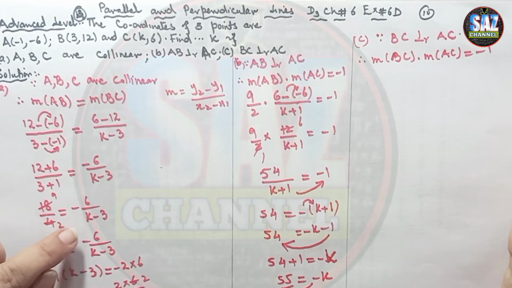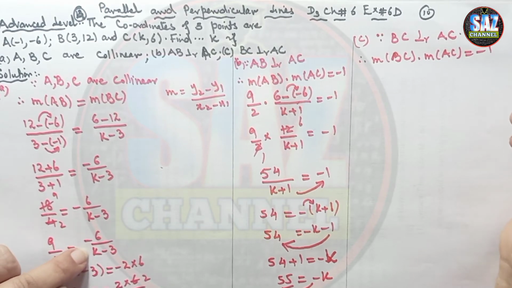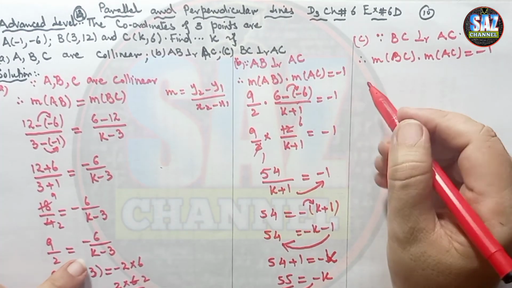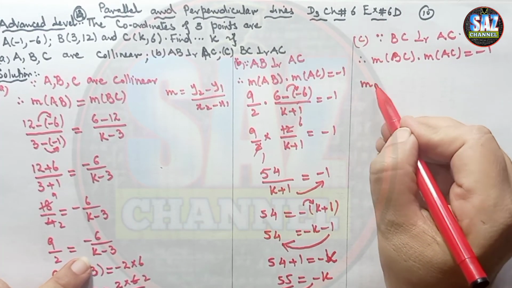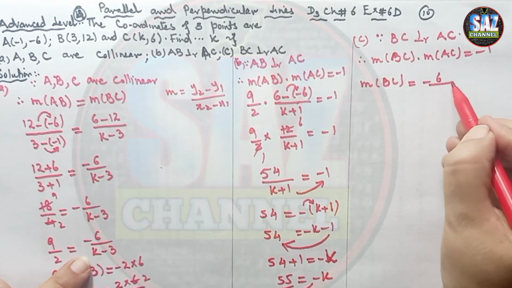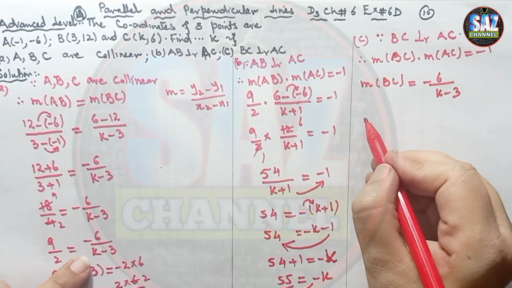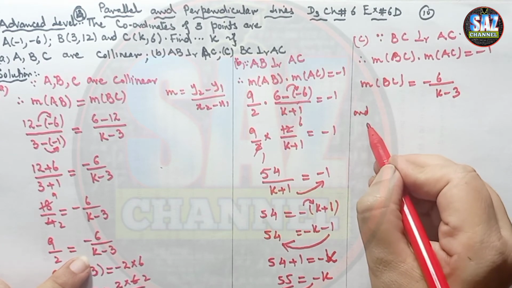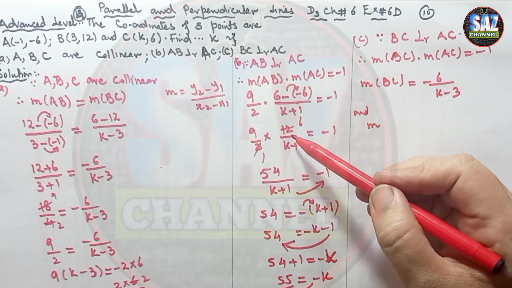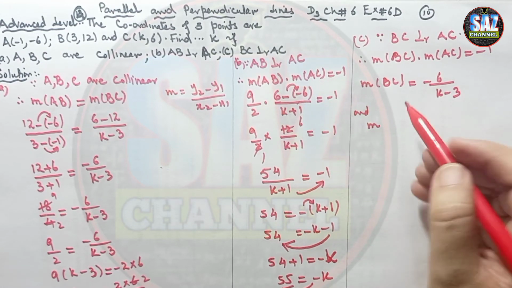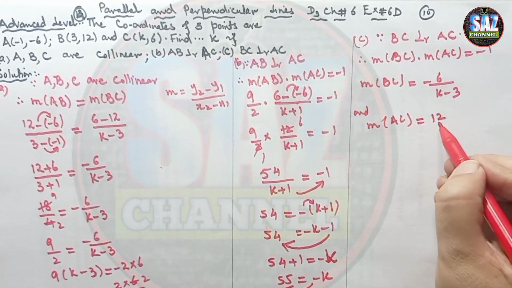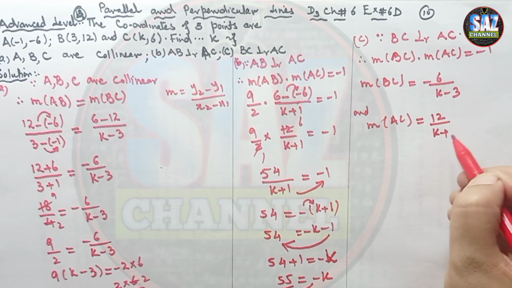Now gradient BC is minus 6 over K minus 3, and gradient AC, we can bring the answers from here, is 12 over K plus 1.